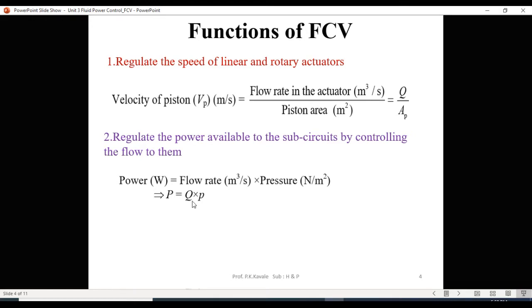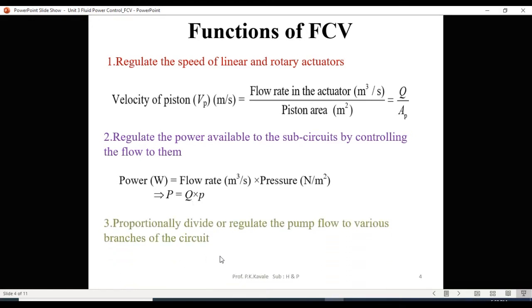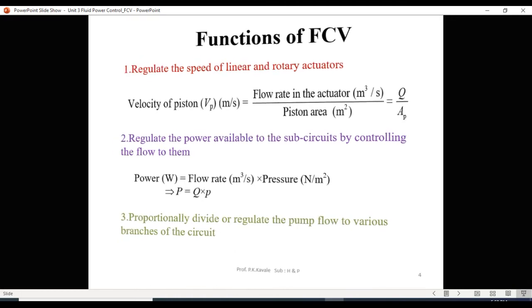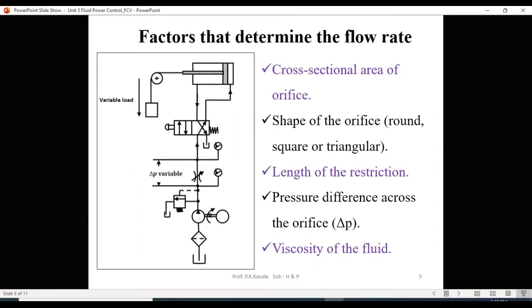Now, the factors that determine the flow rate. First, if you see the diagram, this is a double acting cylinder. This is the 4x3 or 4x2 DCV, then the reservoir, filter, pump, and pressure regulator, and between the DCV and the pump we place the flow control valve.